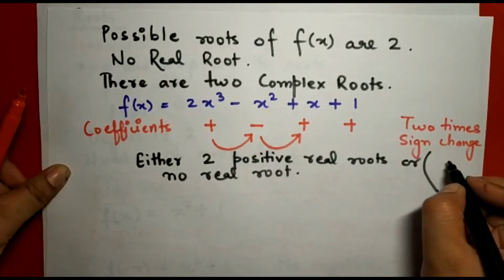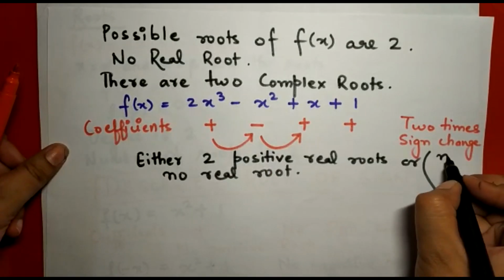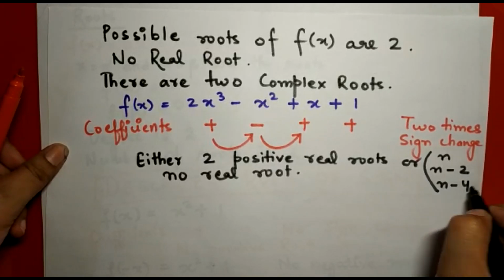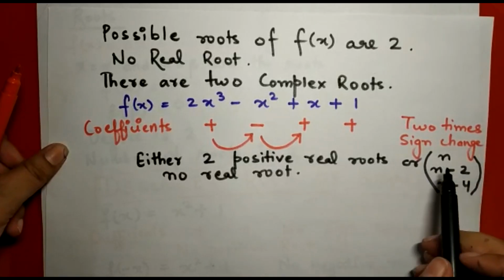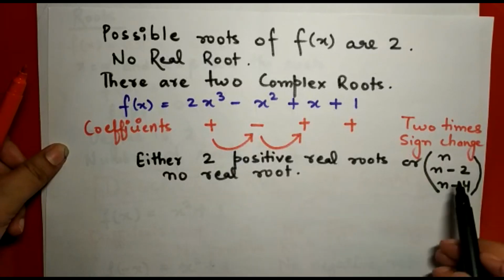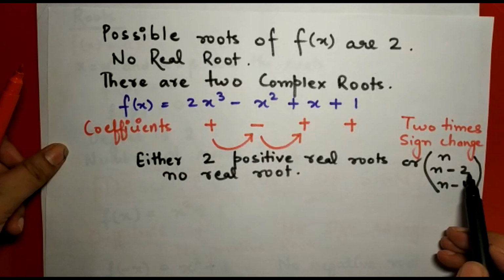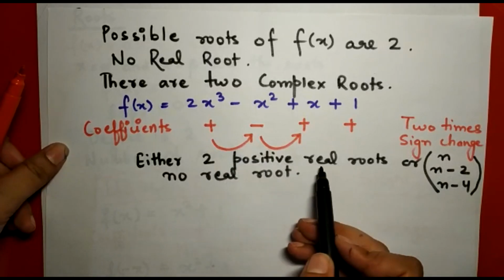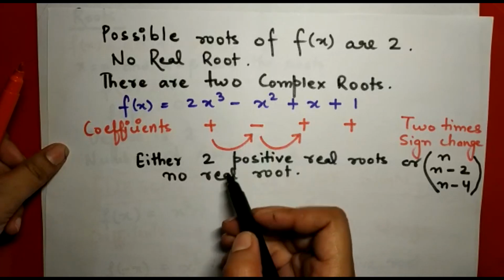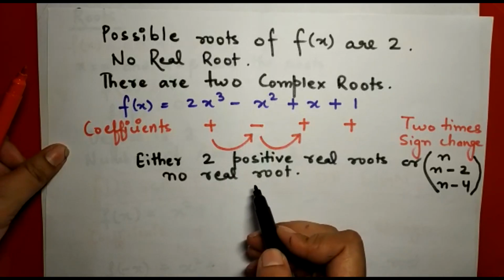Because the possibilities, as I told you before, are n, n minus 2, n minus 4. Here n is 2, so n minus 2 is 0. So either 2 positive real roots or no real root. One of these possibilities can happen for this example.